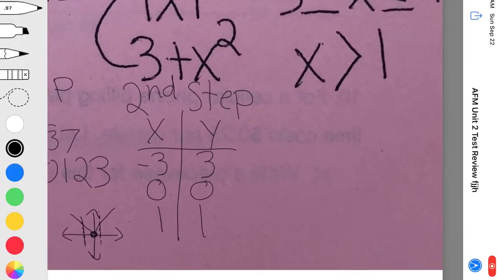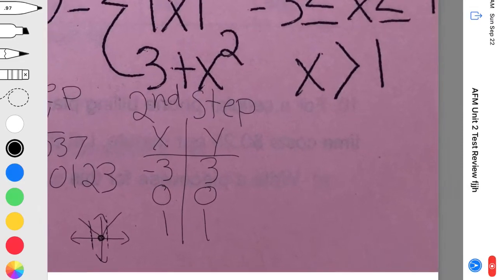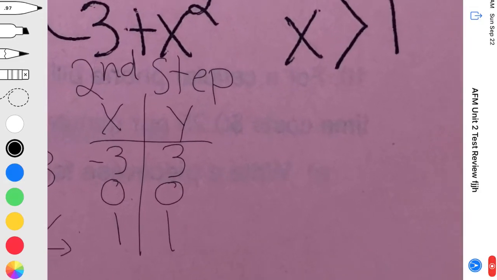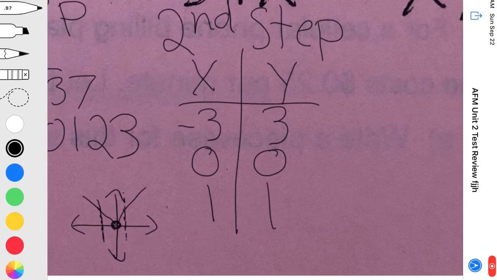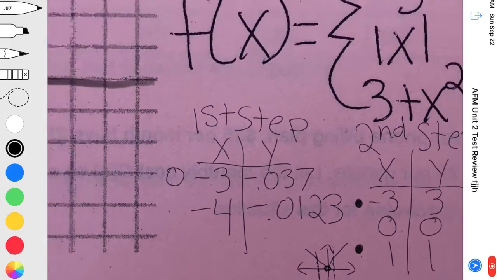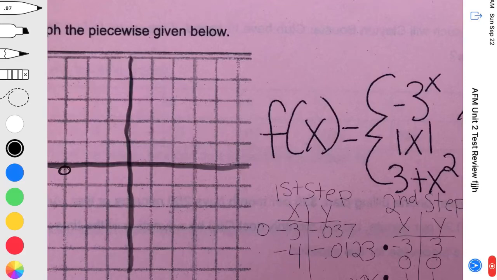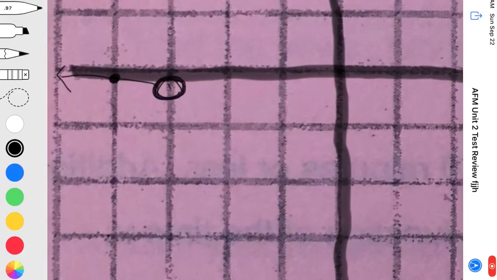Now, it so happens that on step 2, we have closed circles because we have or equal to on both restrictions, both sides of the restriction. So we're going to have closed circles at -3, 3 and 1, 1. So let's graph this. So we have -3, 3 on our graph.